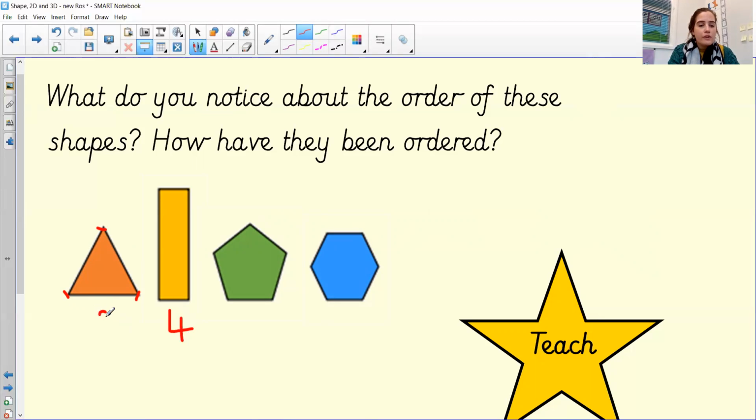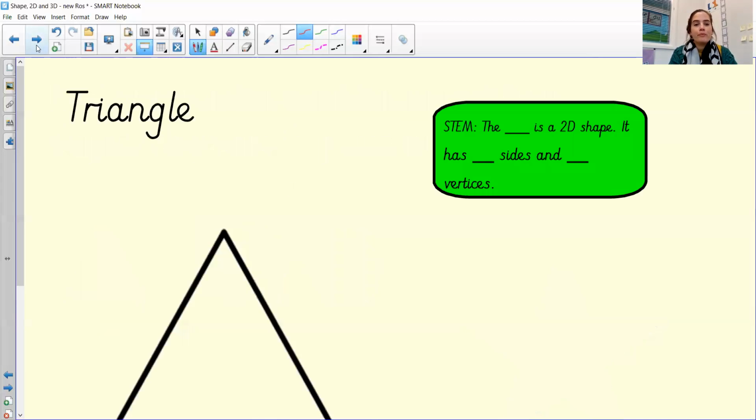I wonder if you can pause the video now and count how many the remaining shapes are going to have. Brilliant stuff. So we've had a really good go at counting all of these vertices. And there you go. You've just learned one of those mathematical terms on shape. And this is what we're going to focus on for the rest of the lesson.